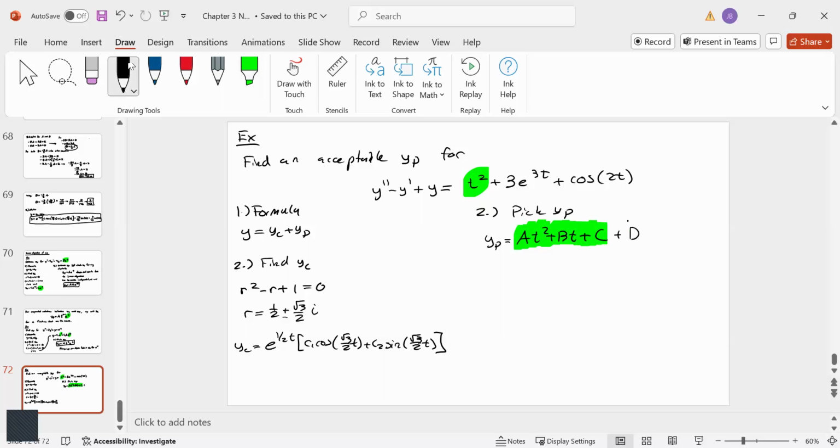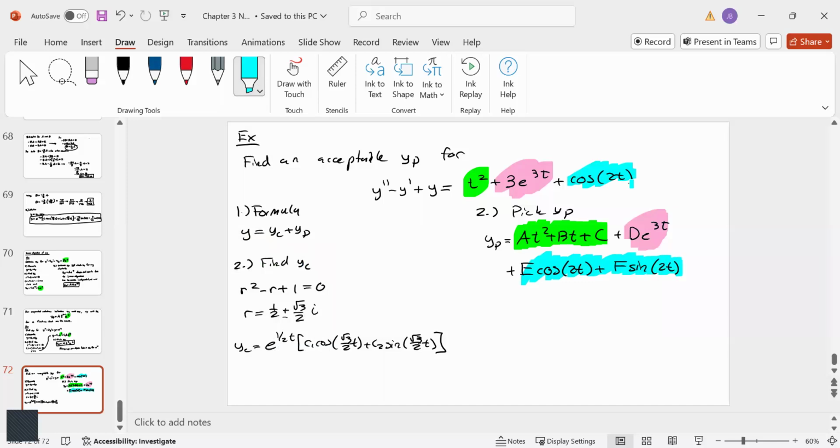Plus d e to the 3t, plus e cosine 2t plus f sine 2t. And for cosine, you've got to have both of them. Again, if they both had cosine 2t, you would put sine 2t, and then you put a t in front of them. You'll see it eventually.